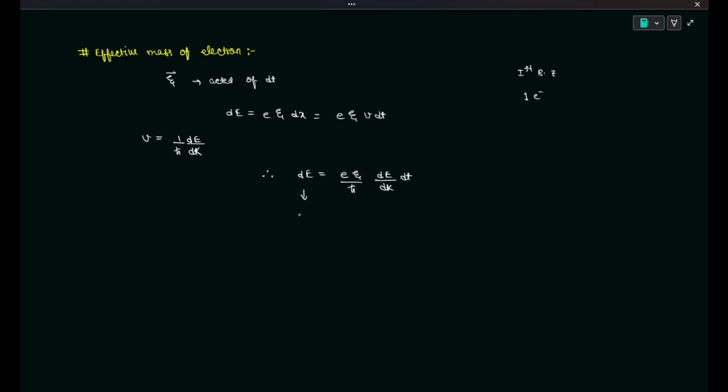Here this dE can be written as dE by dk times dk, which is equal to electronic charge and then electric field by ħ dt and then dE by dk. So this implies that dk by dt is equal to eE divided by ħ. So this equation tells how the wave vector of the electron evolves in time when the electron is placed in an external electric field.